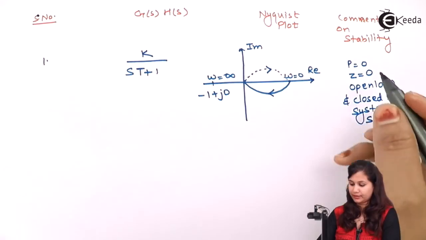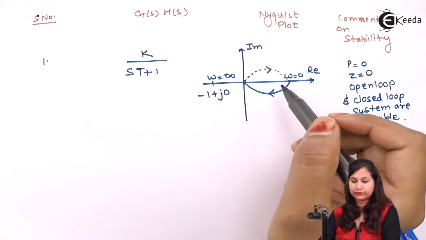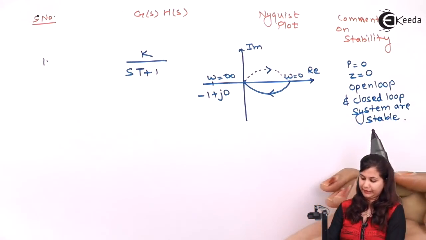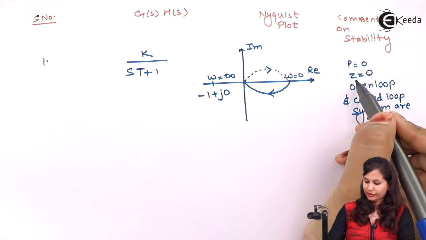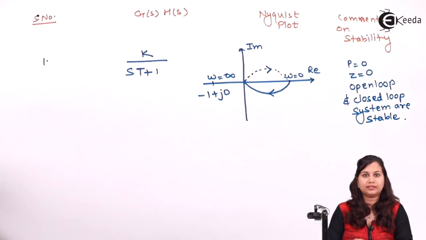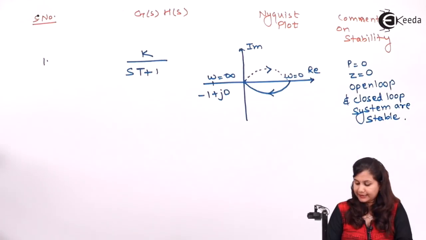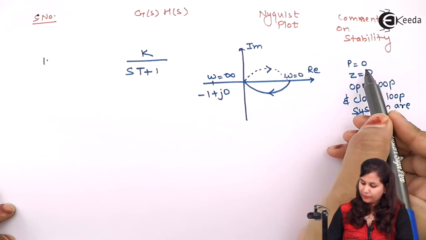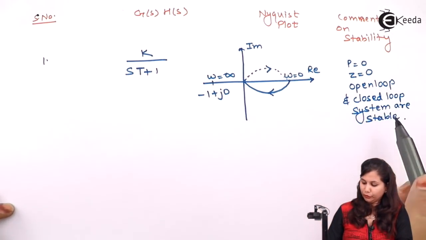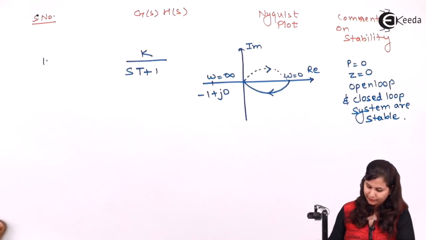Because the number of poles lying on the right hand side of the S plane, the number of poles having a positive real part, are both 0. So the open loop and closed loop both are stable.